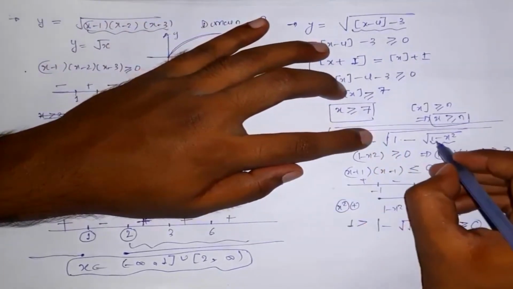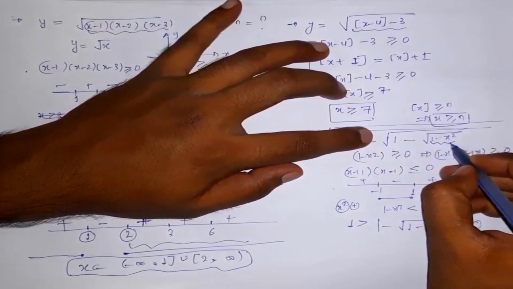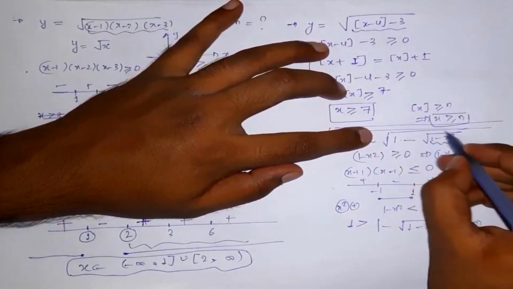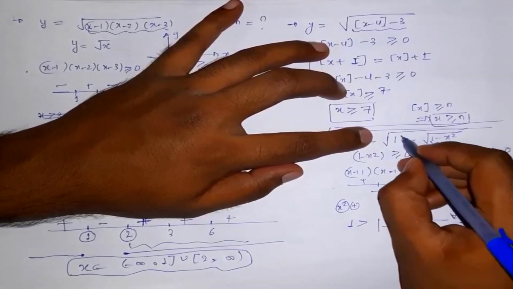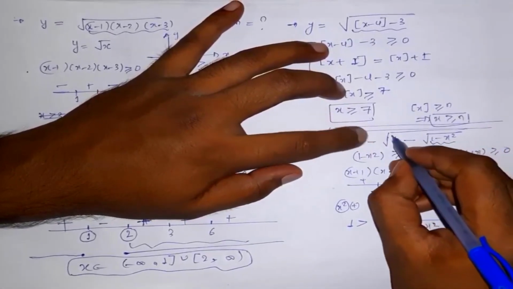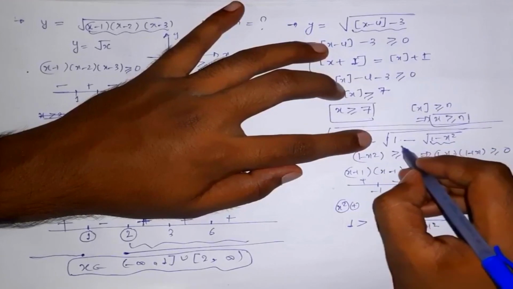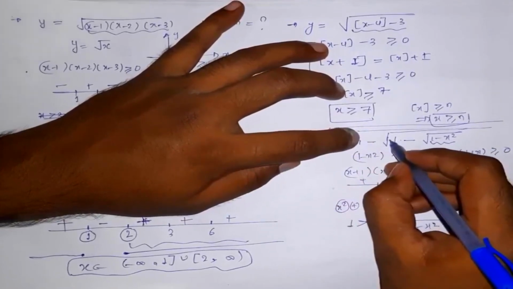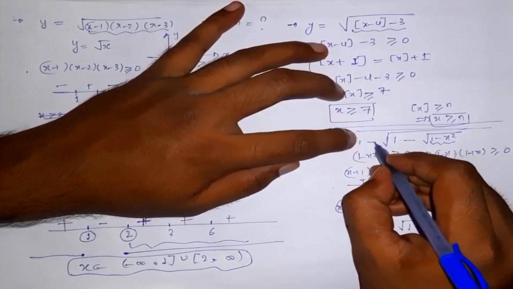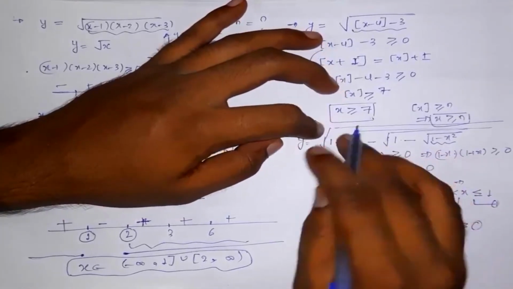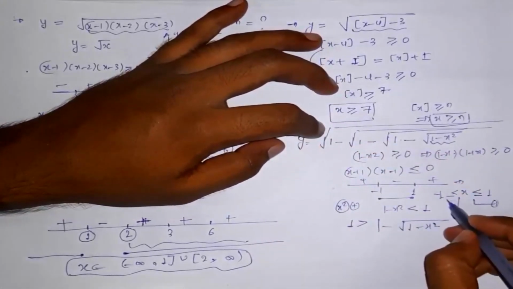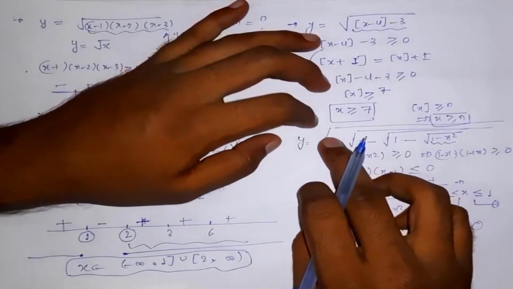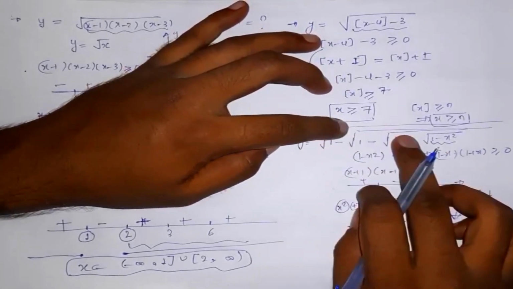So if this portion is less than 1, I am telling you again, then again this portion will be less than 1. 1 minus less than 1 will always be less than 1. Now square root of less than 1 will always be less than 1. Now 1 minus less than 1 again will be less than 1. Again less than 1. So overall, for this range, this function will always be definable.